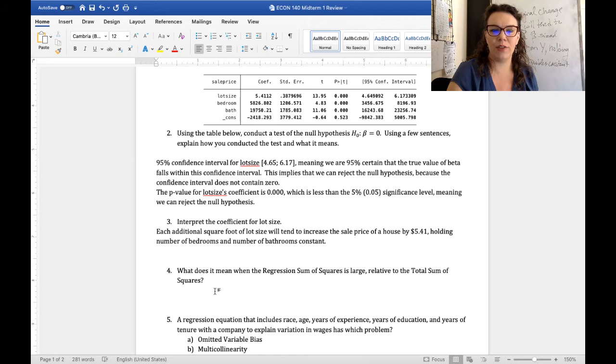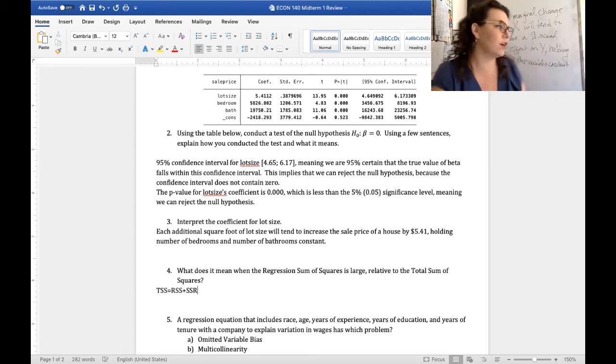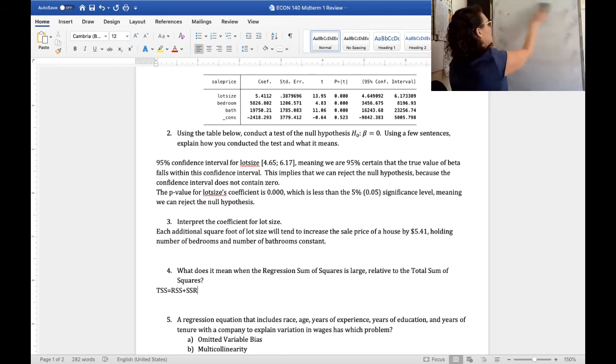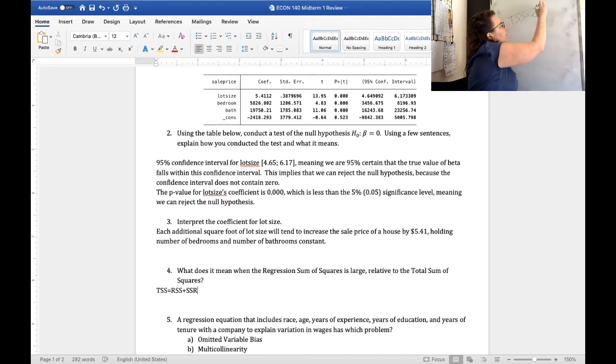What does it mean when the regression sum of squares is large relative to the total sum of squares? Remember, TSS is equal to RSS plus SSR. That means that if we're looking at how our model works, the total sum of squares is the measure of the variation between the real value of y and the mean for y.